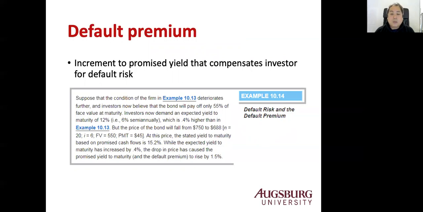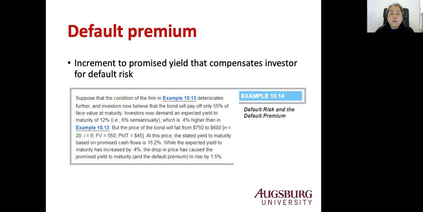So example 10.14: suppose that the condition of the firm in example 10.13, the previous one, deteriorates further, and investors now believe that the bond will pay off only 55%, not 70%. Investors now demand an expected yield to maturity of 12%, which is 0.4% higher than in the previous example.